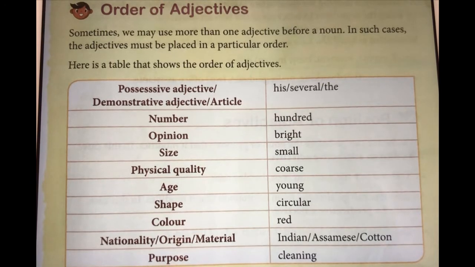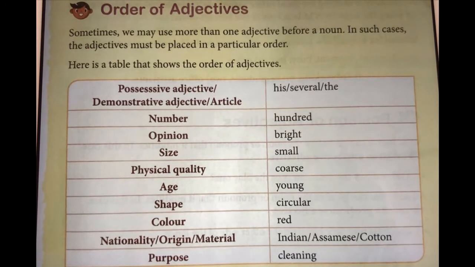Next one we have age, as in young, it can be old, youthful, anything. So if we have these types of adjectives, then we have to write them in order like this. If we have shape, as in circular shape, it can be triangular, it can be U-shaped, it can be any kind of shape. If you have any shape in your sentences, then you will write it after age.